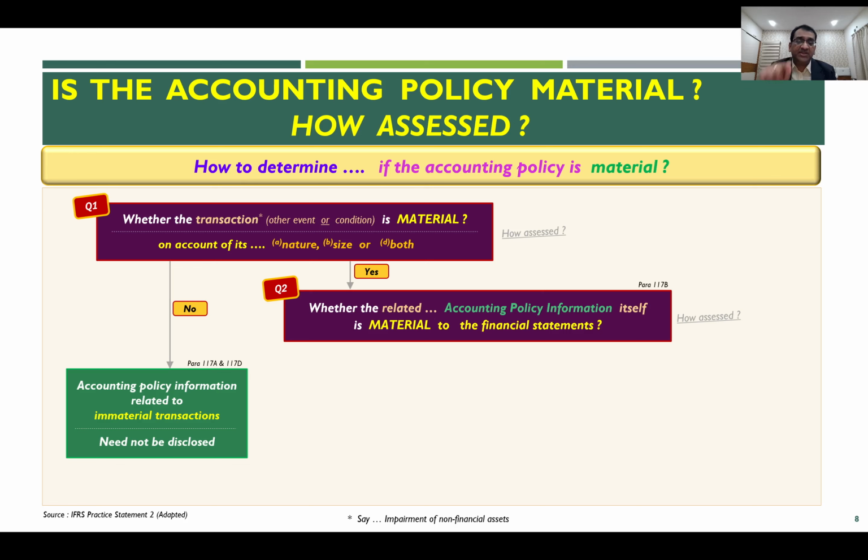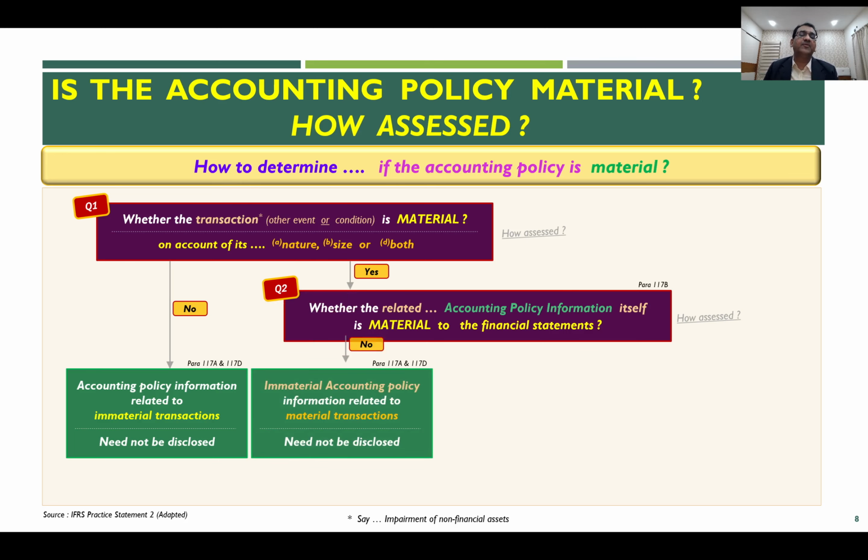If the answer to this second question is no, then the accounting policy related to those transactions again is not required to be disclosed. Why so? Because this accounting policy information is not material. So the accounting policy information itself is immaterial, though the transaction is material.